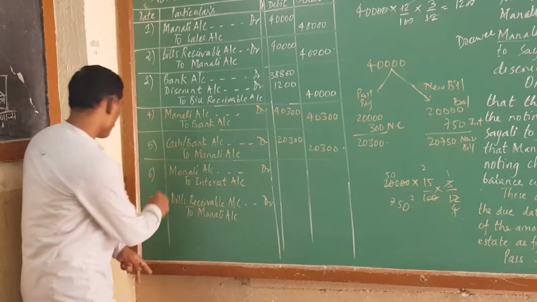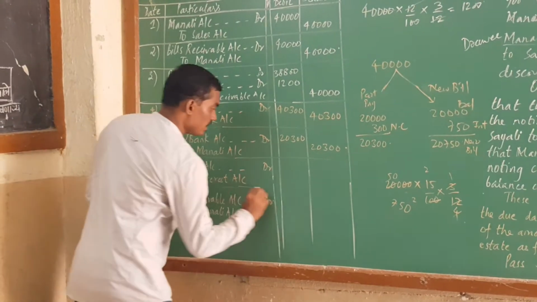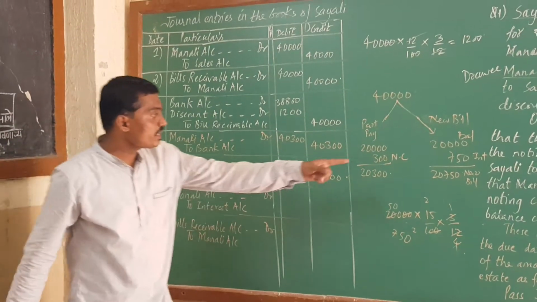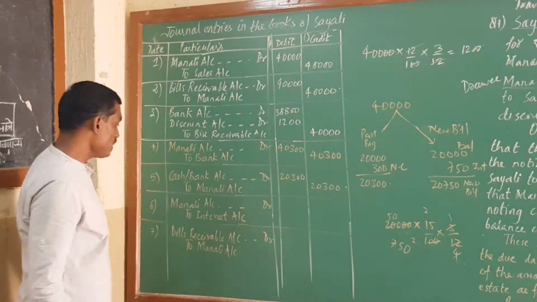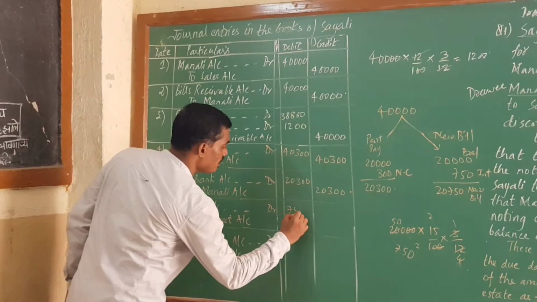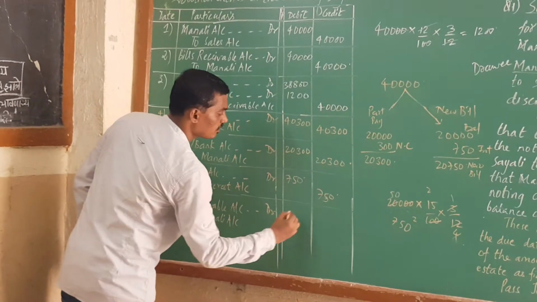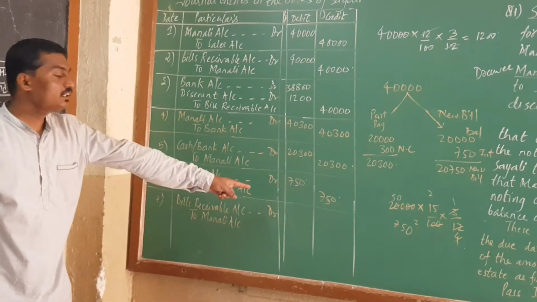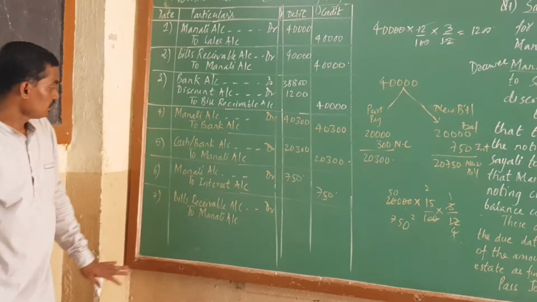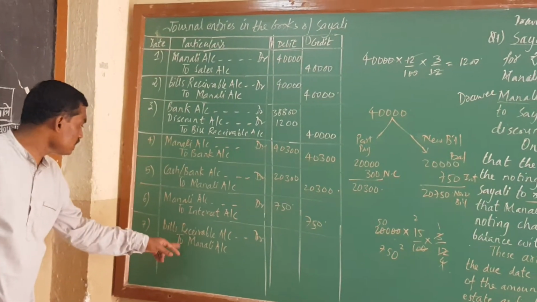So that is the part payment. Then what is the next entry? Interest charged. The interest amount we have calculated is 750, so we write the amount 750, with narration being interest charged. Then the next is the new bill accepted.